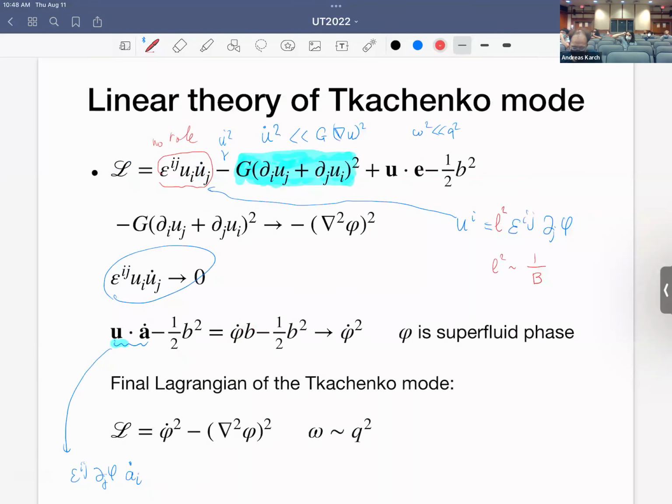First of all, even the term that is already here, they secretly already have interaction because the translation from U to phi becomes nonlinear. There's a nonlinear correction, and also there could be a cubic term in the elastic energy. The elastic energy can also have a cubic term.